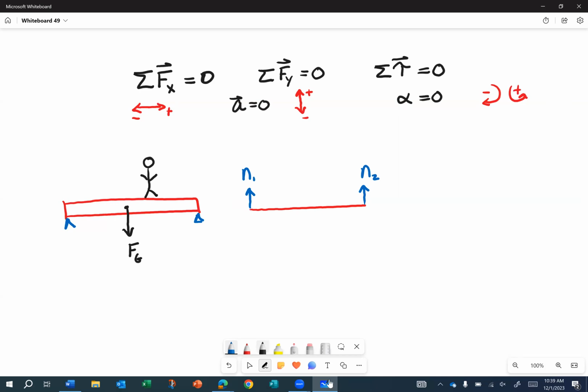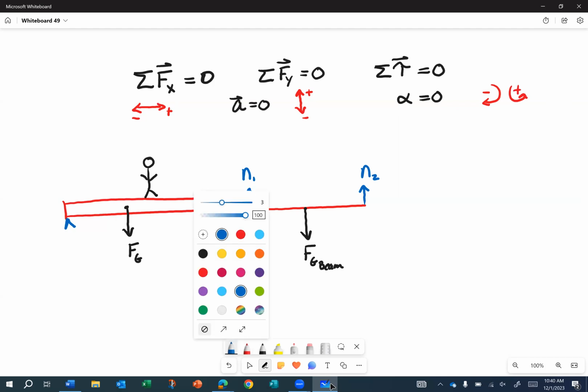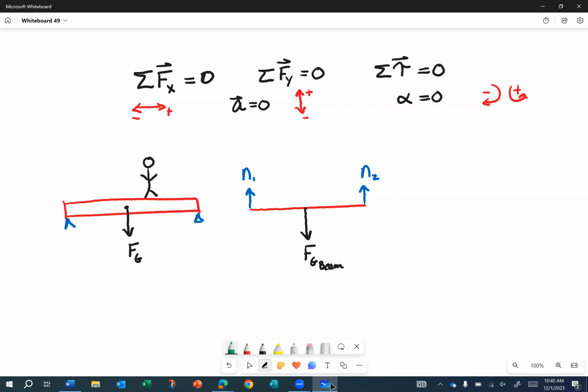We will have the weight of gravity acting down from the beam, so the force of gravity of the beam. And we will also have the force of gravity of the student standing on the beam, which is located over here. So we have the force of gravity of the student.